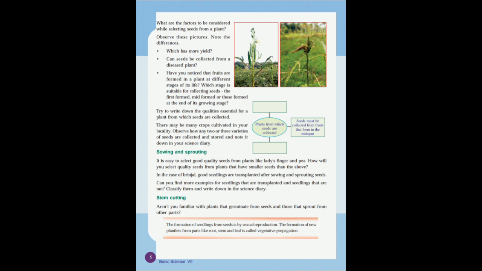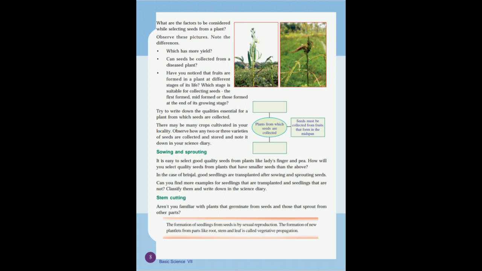The formation of seedlings from seeds is by sexual reproduction, and the formation of new plantlets from parts like root, stem, and leaf is called vegetative propagation. So, this is pretty simple.